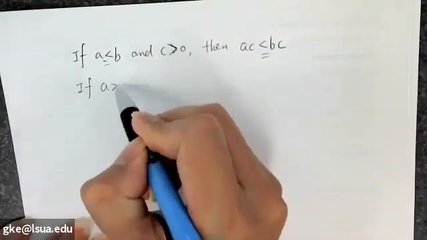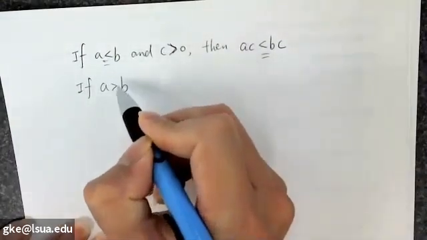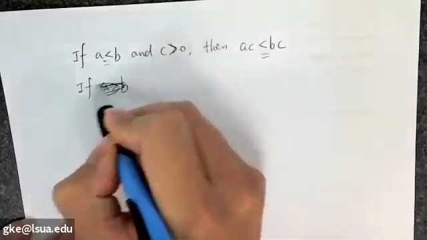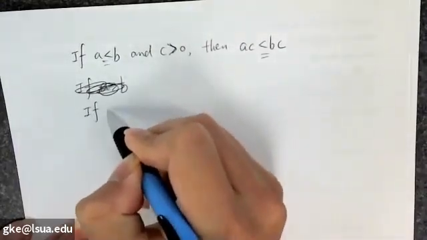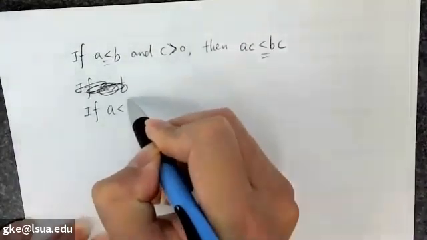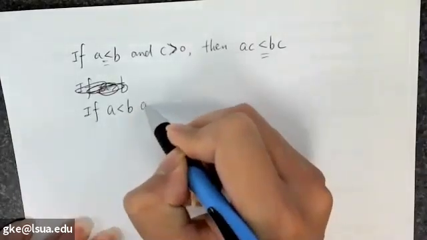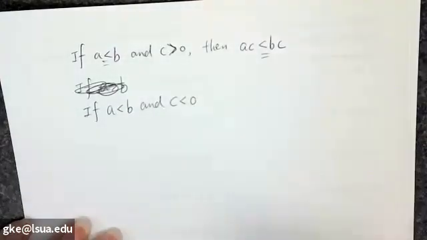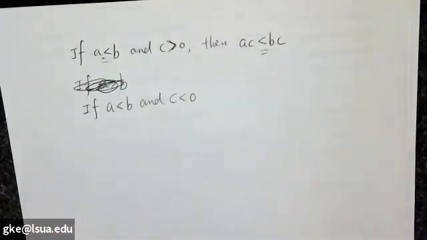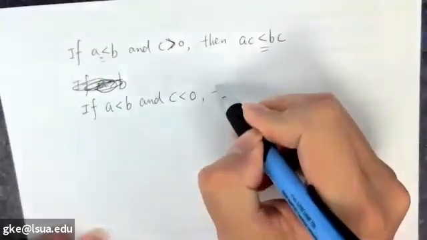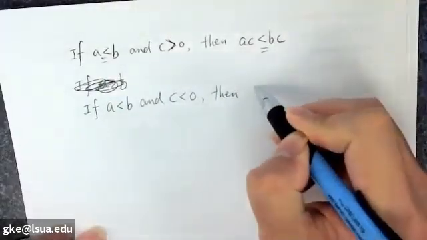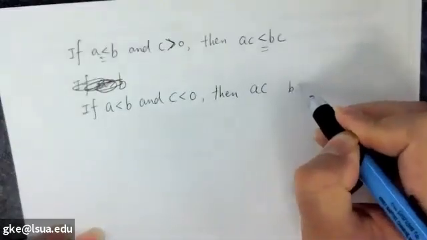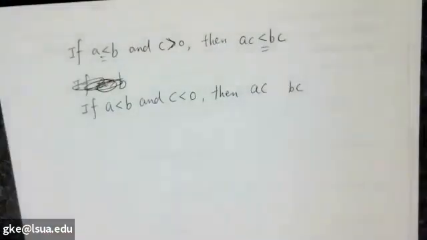If A is less than B, and C is less than 0, then everything becomes very interesting. If we multiply a negative number on both sides, what is going to happen?